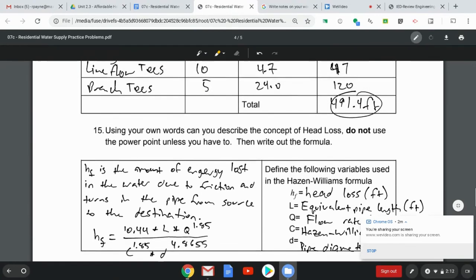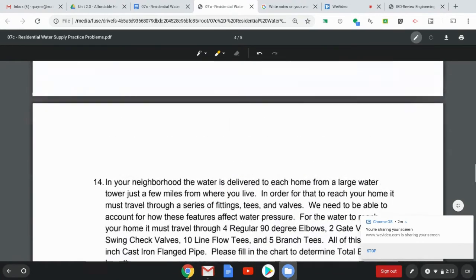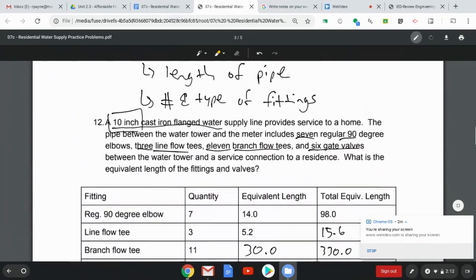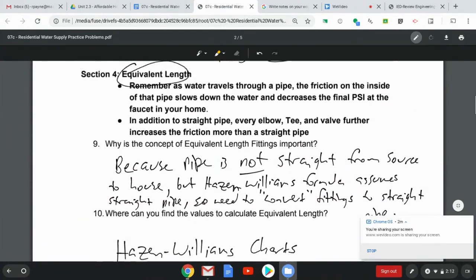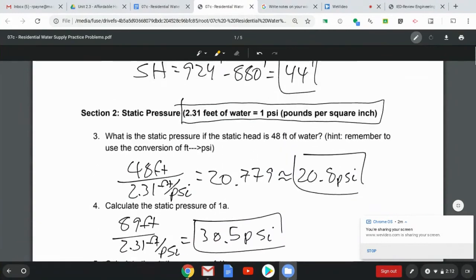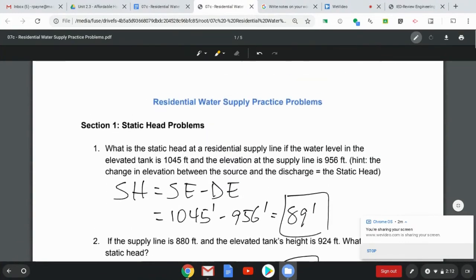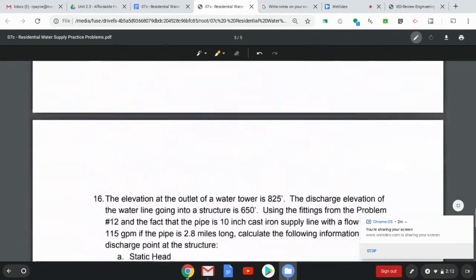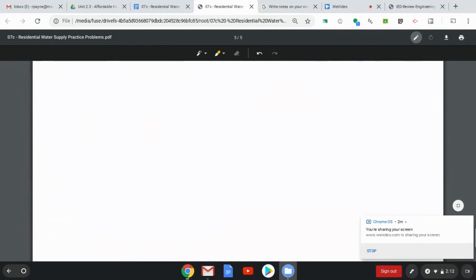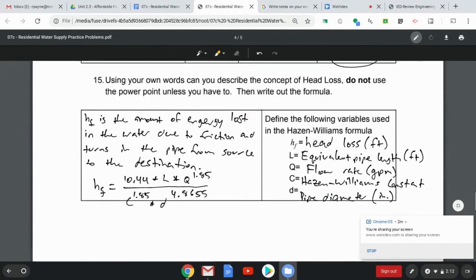I believe I have to double check that last one. Let me double check. Yes, 4.8655. Okay, so that's number 15.